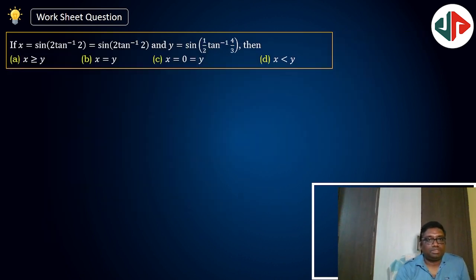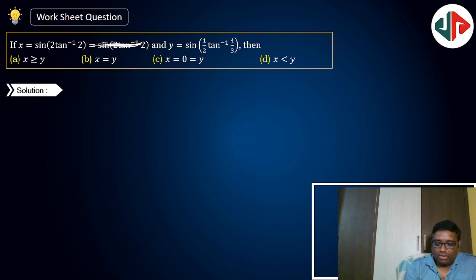Same as the previous problem only. x is equal to sine of 2 times tan inverse of 2 and y is equal to sine of 1 by 2 times tan inverse of 4 by 3. Then what is the relation between x and y? Same condition. So imagine x is equal to sine of 2 times tan inverse of 2.